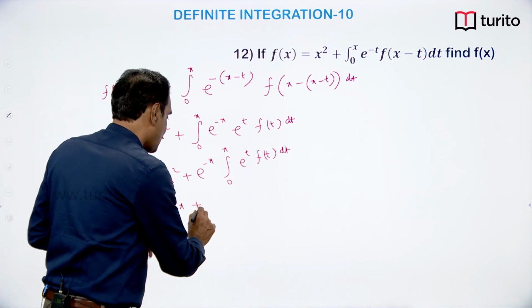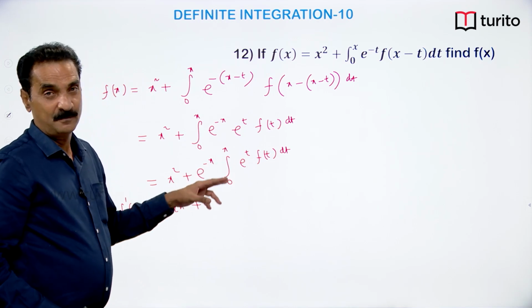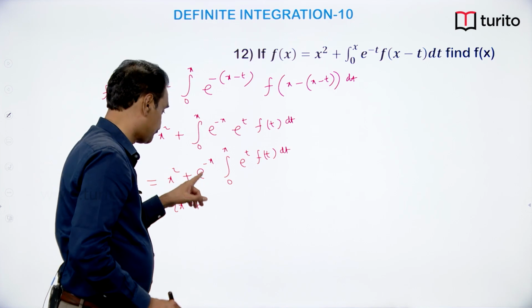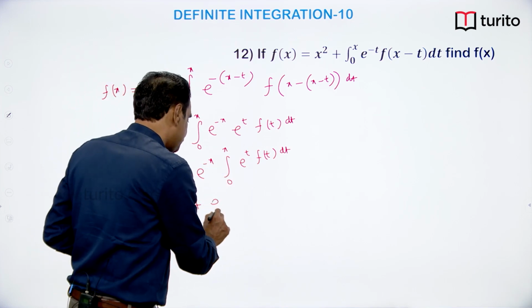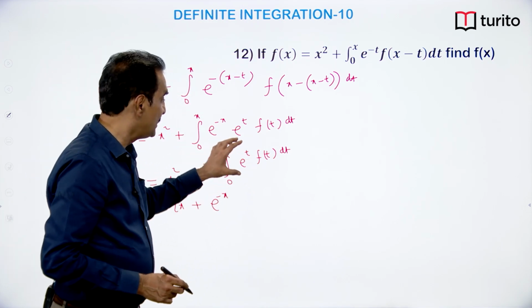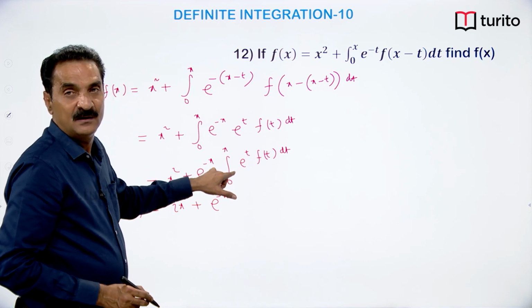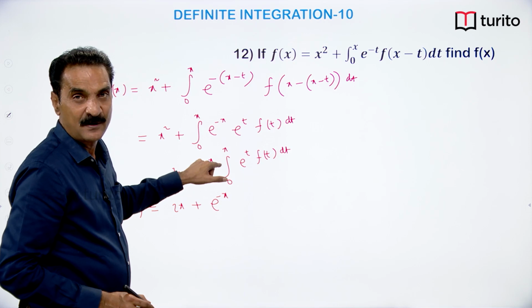plus, how to differentiate? You have to apply product rule, u v dash plus u dash v. What is u? e power minus x into v dash. Differentiate this integral. What will you do? Replace t by upper limit and multiply by the derivative of upper limit.